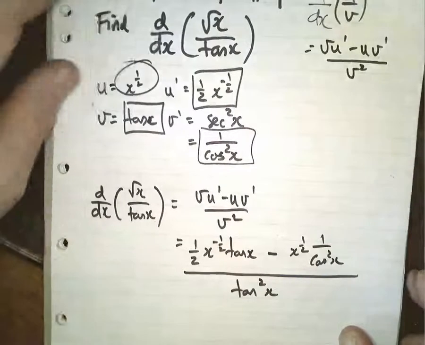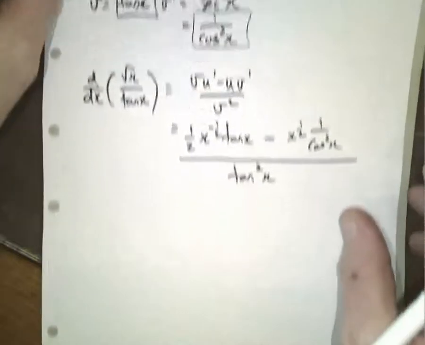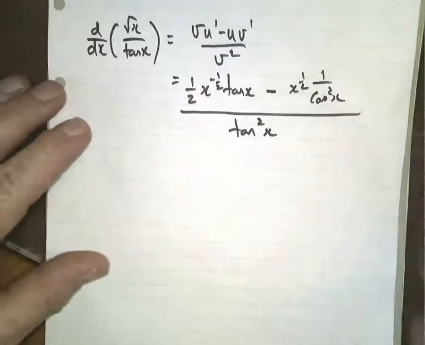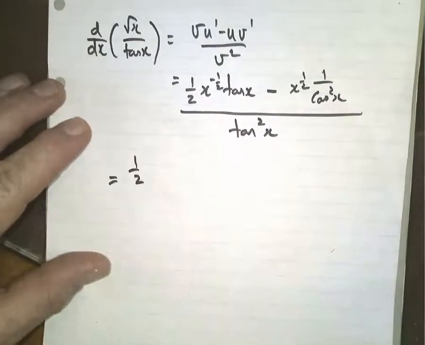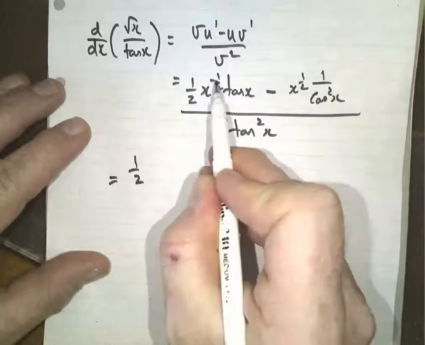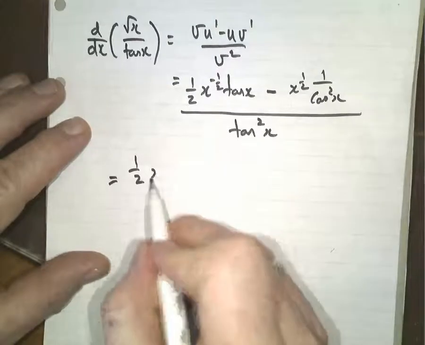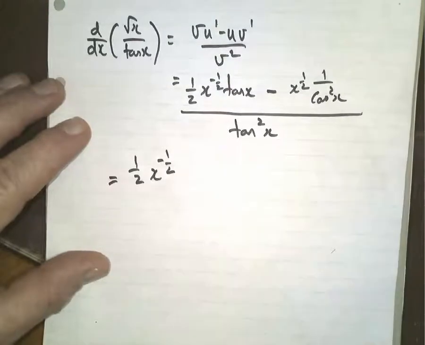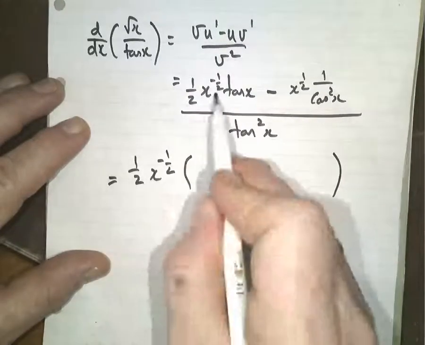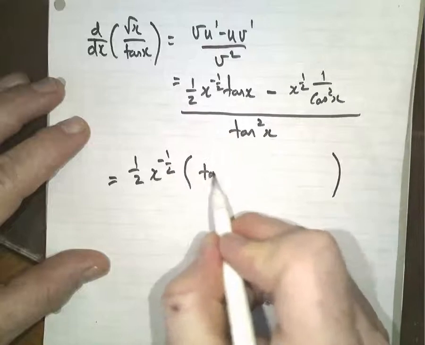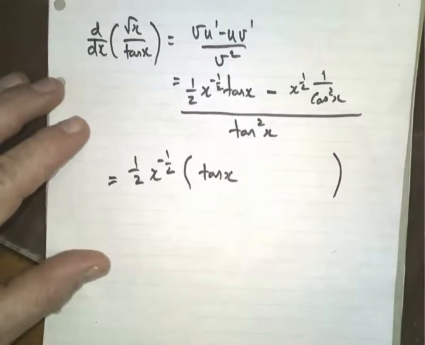Okay, taking out common factors, I need to simplify this. I have a half, so I'm going to take a half out. I have x to the negative 1/2 and x to the positive 1/2, so the smallest power is negative 1/2, and I take that out. The half goes out, the x to the negative 1/2 goes out, that leaves the tan of x.